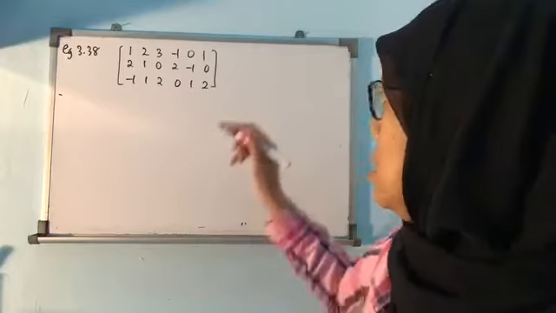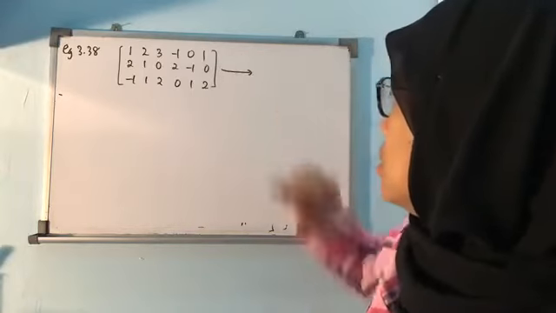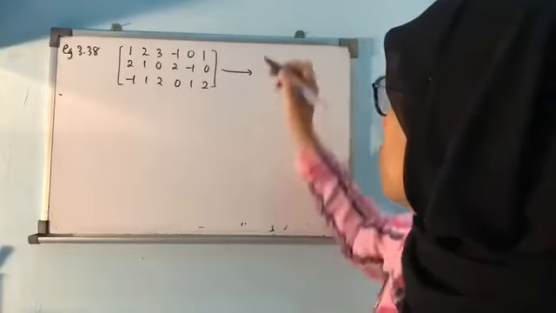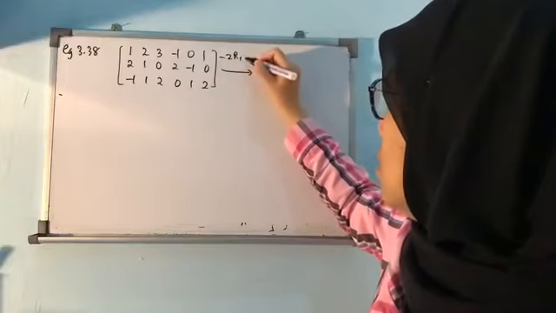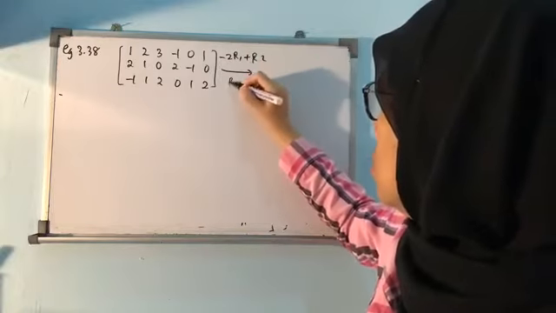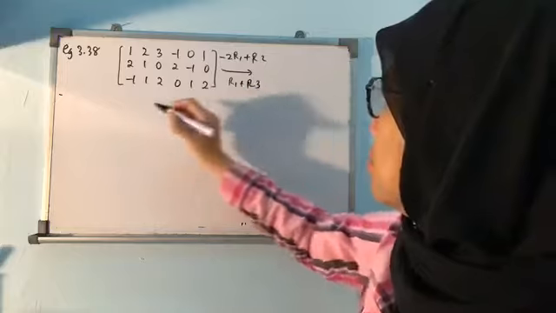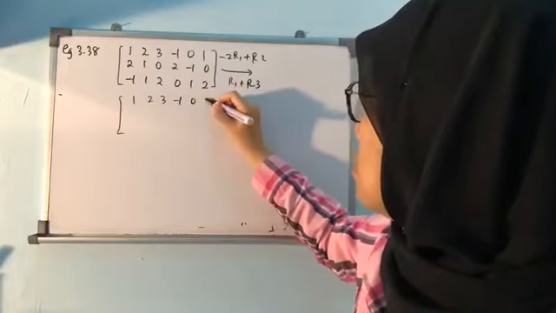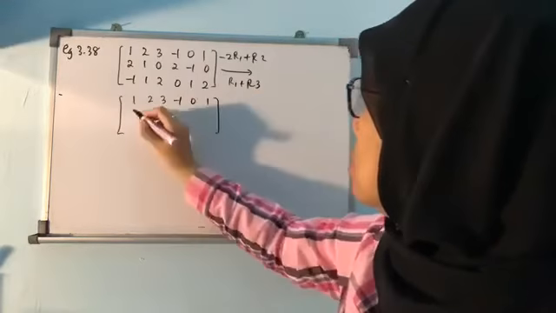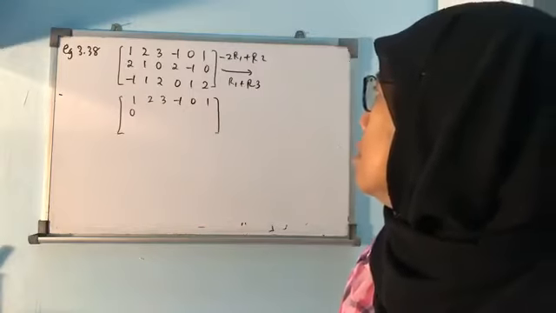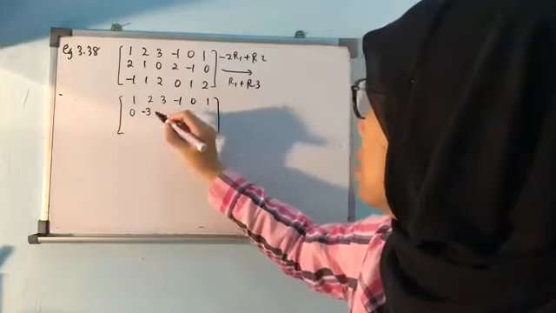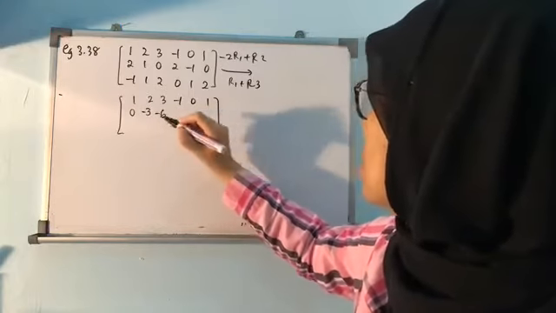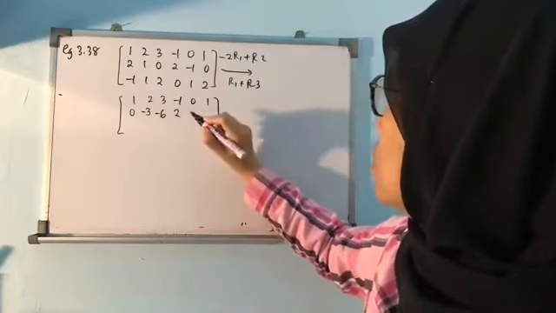For the row space, we just reduce. Okay. So negative 2 row 1 plus row 2, row 1 plus row 3. Zero, negative 3, negative 6, 2.